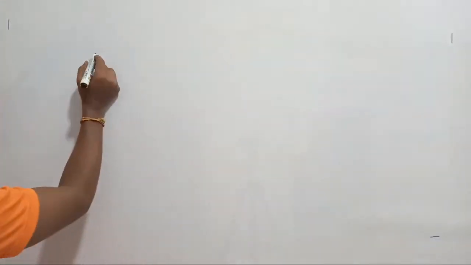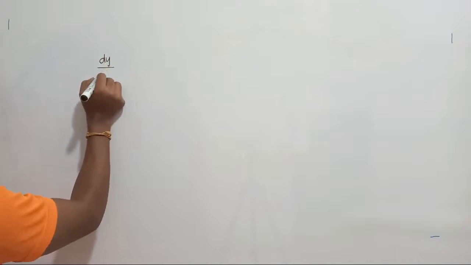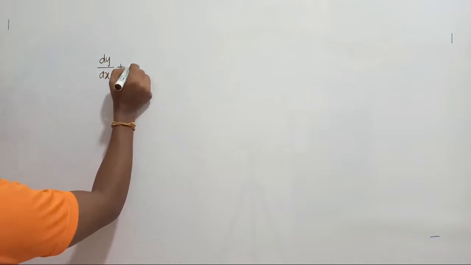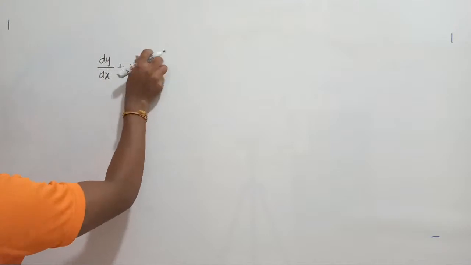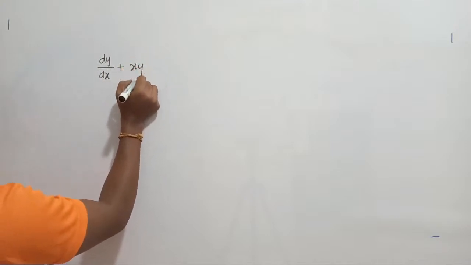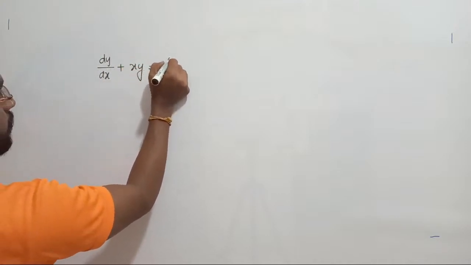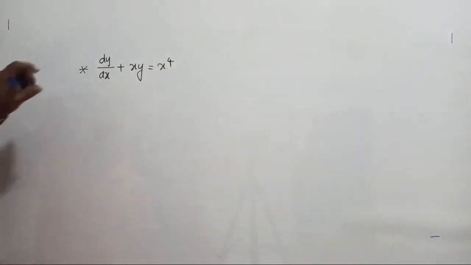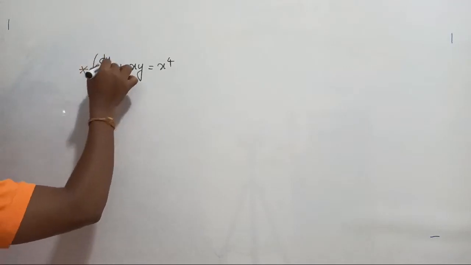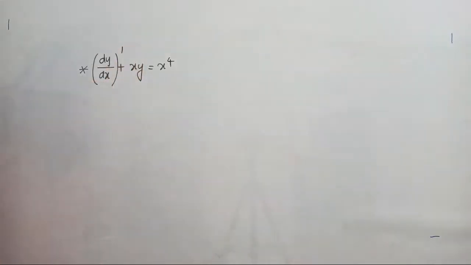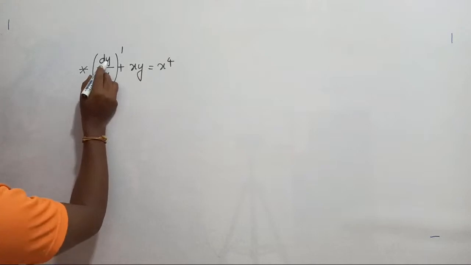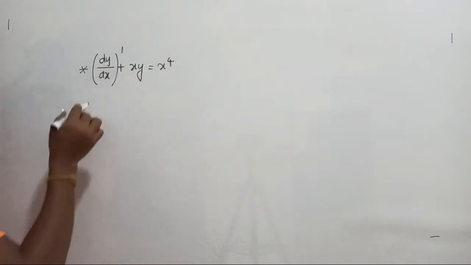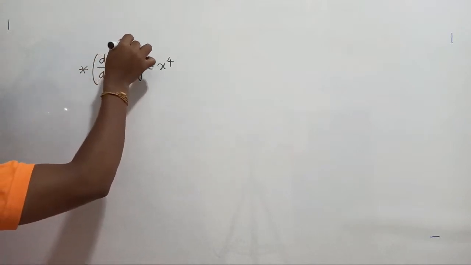Yeah, for an example, I have a function like this, dy by dx plus x into y equal to x power 4. I am just asking you whether it is linear or not. இதில் யாரெல்லாம் வந்திருக்கா, ஒரு டிஃபரன்ஷியல் கோஎஃபிஷியன்ட் இருக்கு, அதோட டிகிரி 1 இருக்கு, அதுக்கப்புறம் ஒரு டிபெண்டன்ட் வேரியபிள், இங்கே y இதுதான் டிபெண்டன்ட் வேரியபிள். ஃபர்ஸ்ட் டிட்டர்மைன் இது இண்டிபெண்டன்ட் வேரியபிளா இல்லை டிபெண்டன்ட் வேரியபிளா?